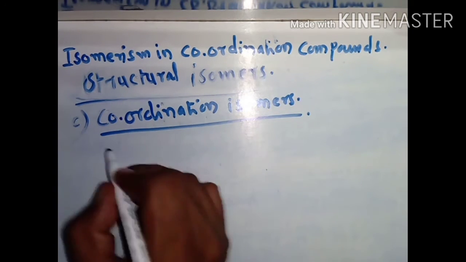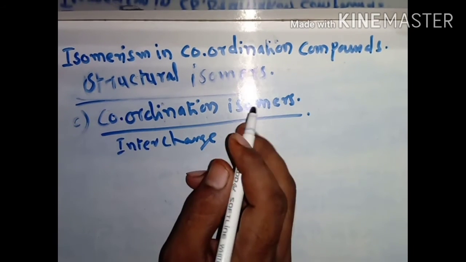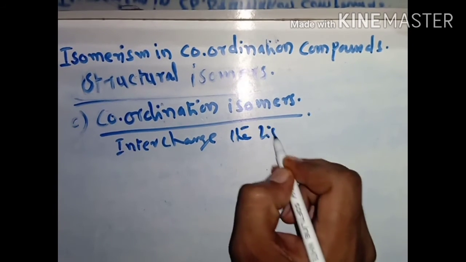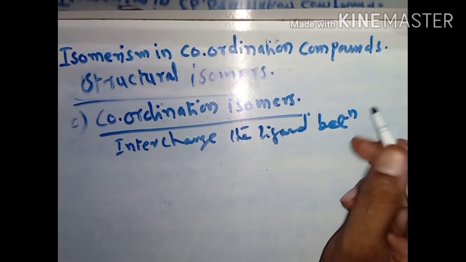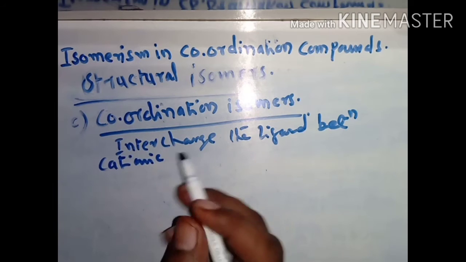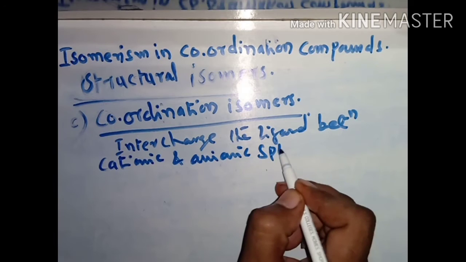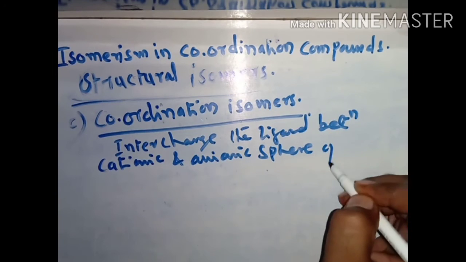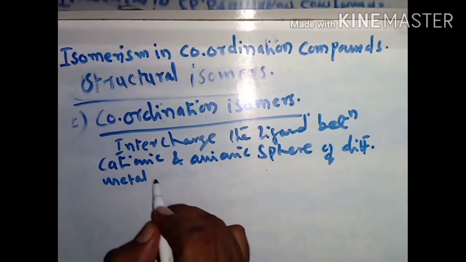It means in this type of complex they interchange the ligand between cationic and anionic sphere of different metal ion.